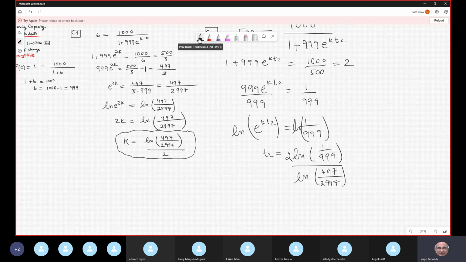I suppose this logarithm gives me a negative answer, divided by another logarithm, which again gives a negative answer because the argument is less than 1, sorry. Logarithm of 497 divided by 2997.